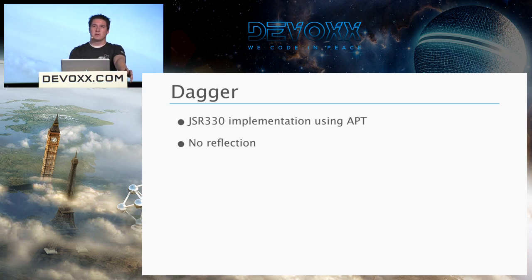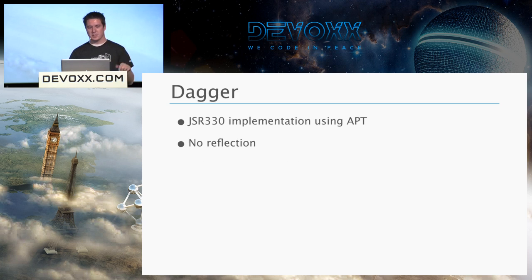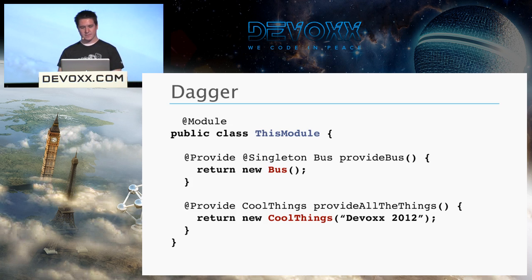But by doing this during the compile step, we can figure out the dependency graph up front and create the things which will perform the injection. So this way, on Android, because reflection is so slow, we eliminate that altogether. And there are little helpers in this for Android, so it will parse your manifest and already set up injection points for all your activities.